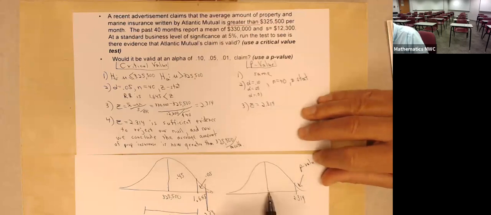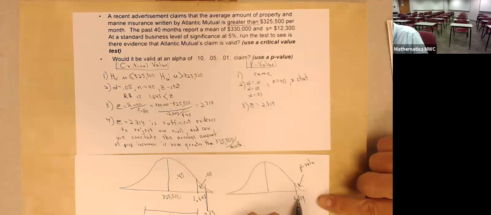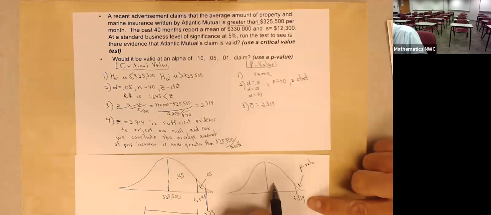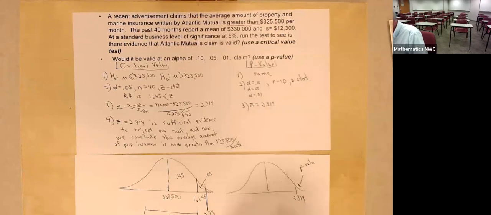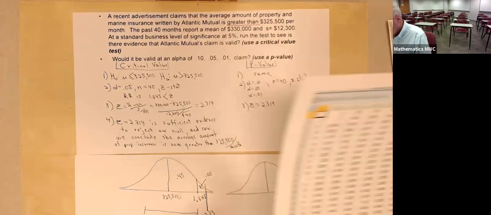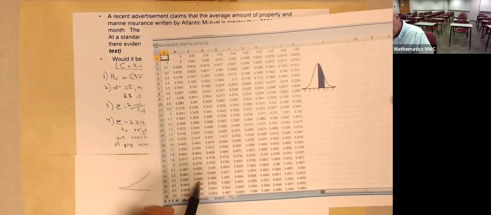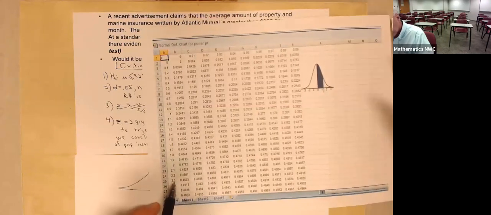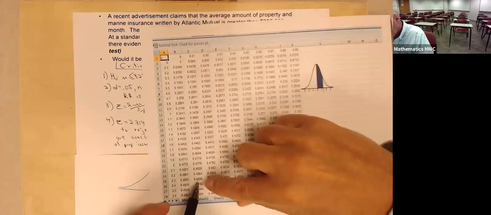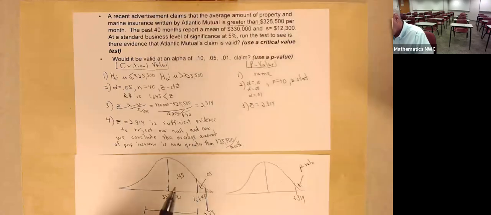It's basically the probability that it's that far greater than our mean, the probability that it's that far to the right. So I have to look for 2.31 and find this probability. If I do that, 2.31 is 4896.